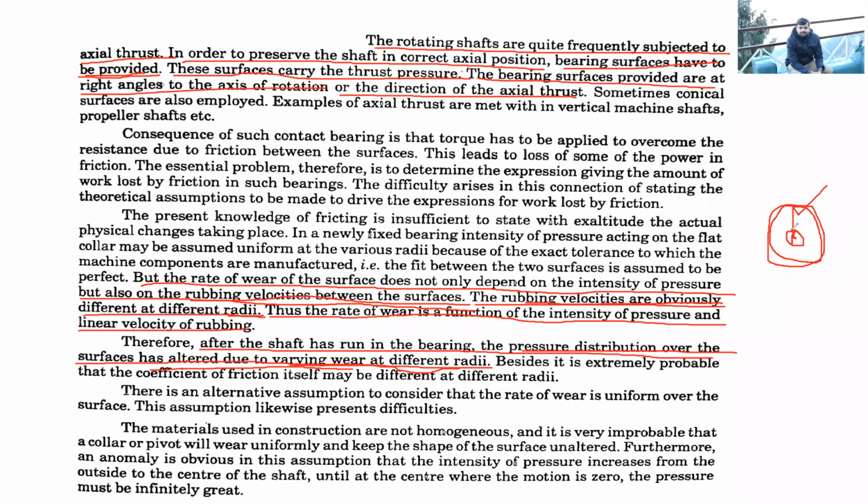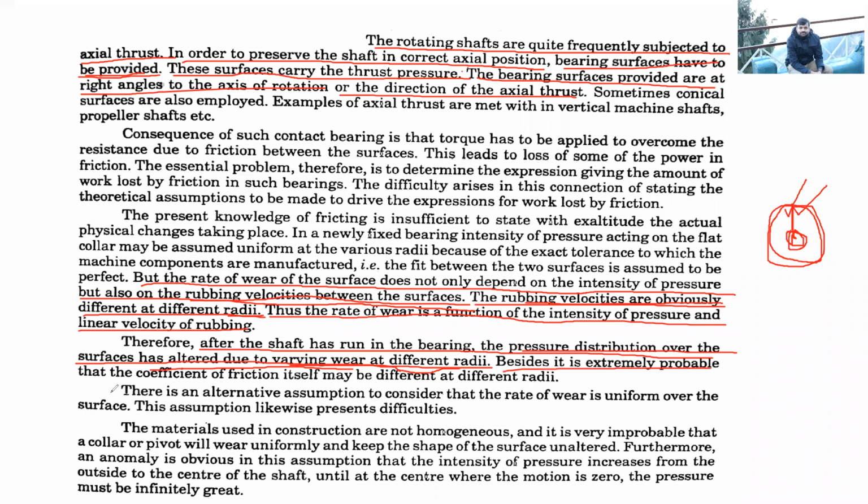In the center, since the rubbing velocity is less, the friction will be less, so the wear and tear will be less. But at the higher radii, as we move outside from the center, the rubbing velocity is more, so the friction will be more, so the wear and tear will be more. So after some time, the rate of wear will be different at different radii.